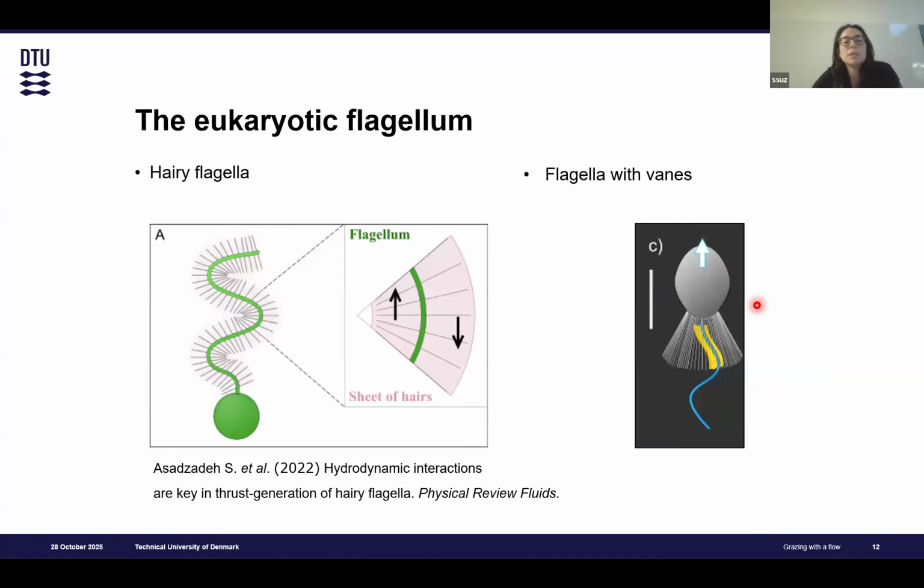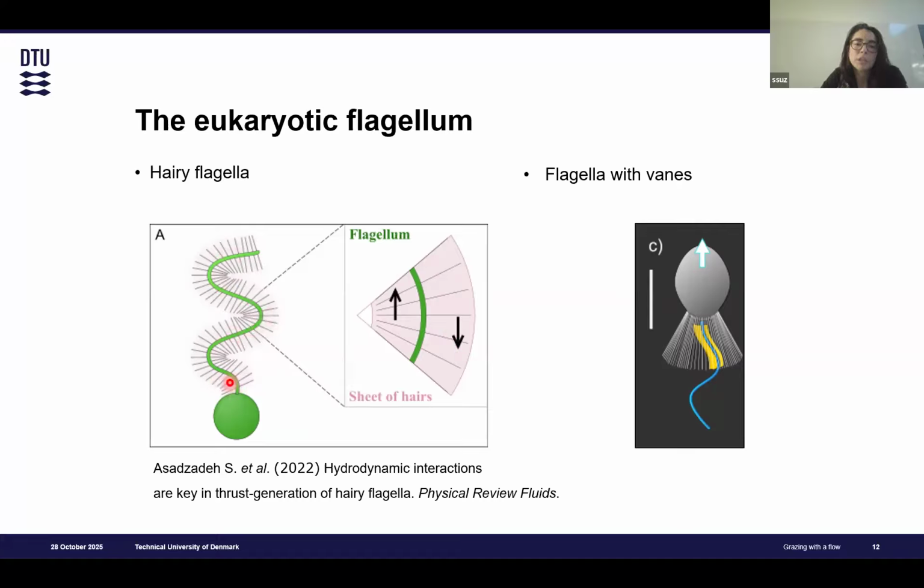It is known, and you can maybe look up this study that I cite here for more information, that flagella equipped with mastigonemes, the hairy flagella, are able to generate a bigger force to generate their feeding current, because the hairs act like a sheet in which the thrust is bigger at the crest of the curvy flagellum that is beating actively.